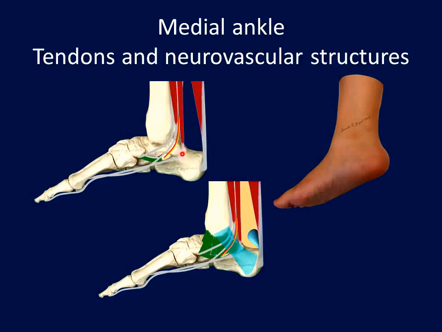It passes forwards in a groove below the sustentaculum tali, passes deep to the flexor digitorum tendon, and passes between two sesamoid bones on the head of the first metatarsal bone and inserts on the base of the distal phalanx of the great toe, right here. The flexor digitorum and flexor hallucis tendons cross each other under the midfoot at a point called the knot of Henry.